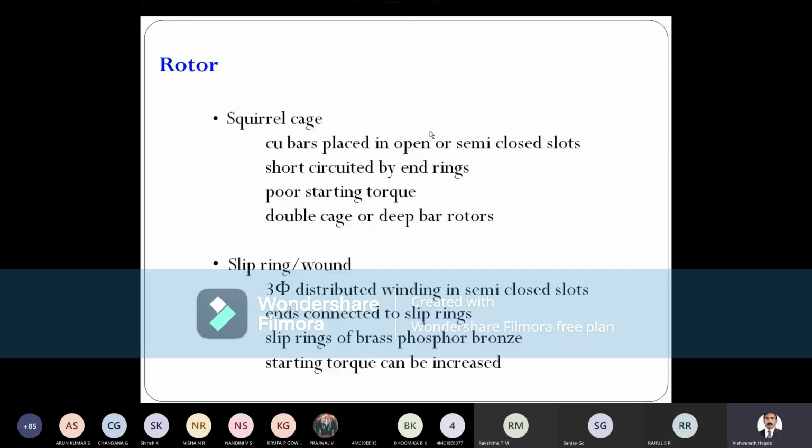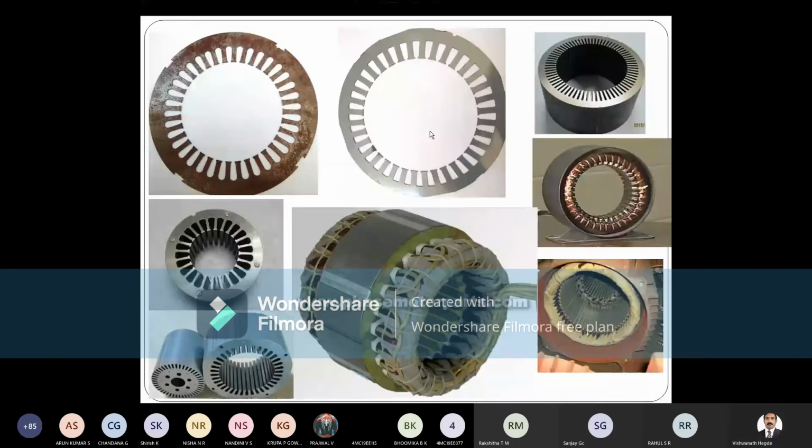Okay. To give an idea, see in this figure, left bottom is the rotor. This is the rotor of the same stator. Here you can see that the laminations are put together to form the rotor, and the rotor is having closed slots. See here, this is the squirrel cage rotor.